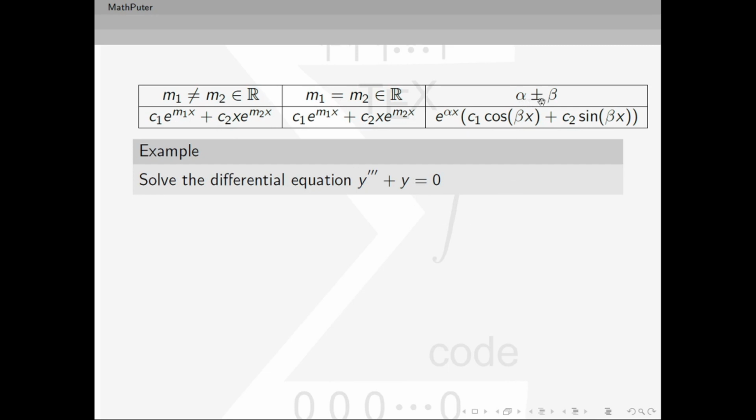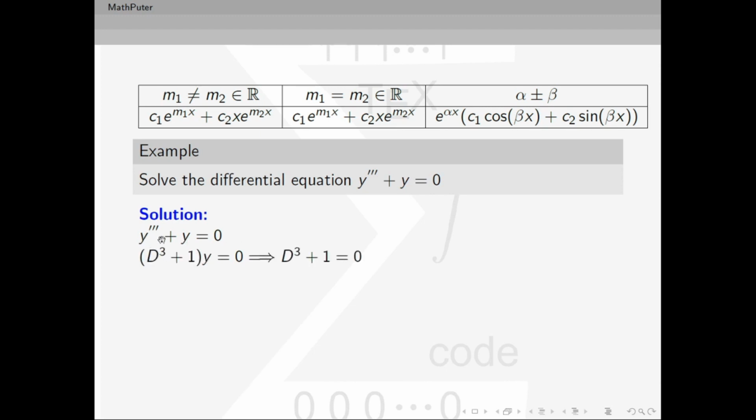When roots are complex, this is alpha plus or minus i beta, then it is e raised to alpha x, this, and c1 and c2 are real numbers. Okay, so now let us solve this example. y triple dash, third derivative of y, plus y equal to 0.